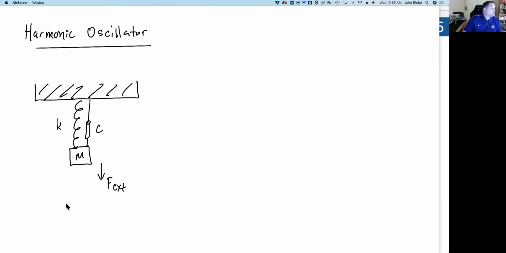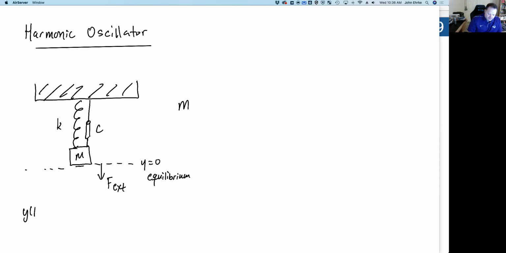But what we were able to do last time is say that under these conditions, I could model this particular problem where y equals 0 is considered to be equilibrium, so that y is measuring displacement from equilibrium.